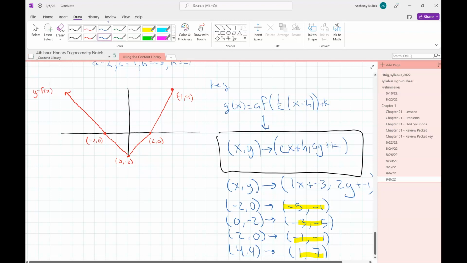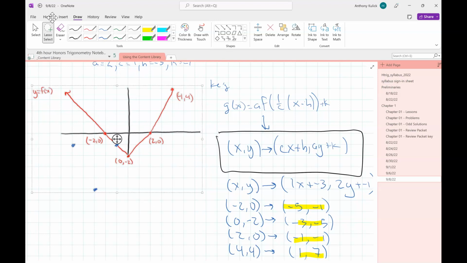So let's see, 1, 2, 3, 4, 5. And then 1, 2, 3, 1, 2, 3, 4, 5. Then -1, 1. And then 1, 7. So 1, 2, 3, 4, 5, 6. Oh no!